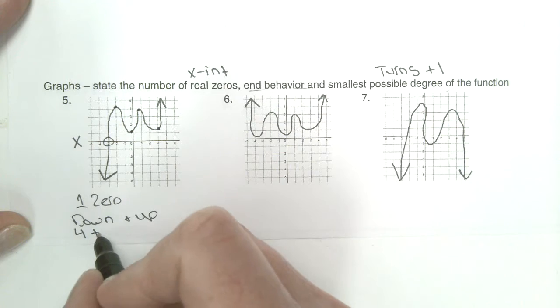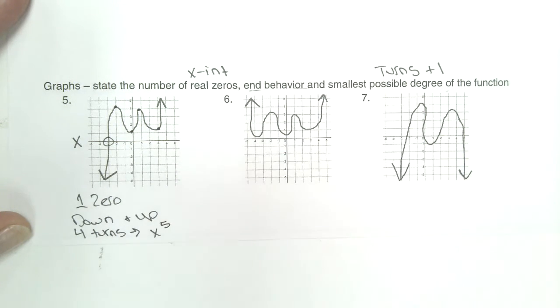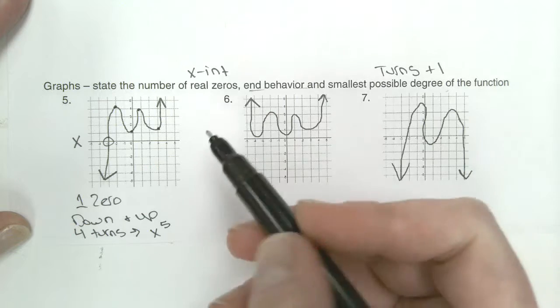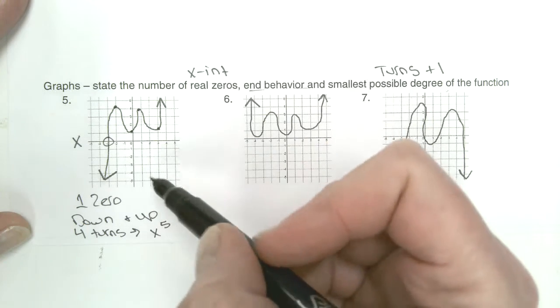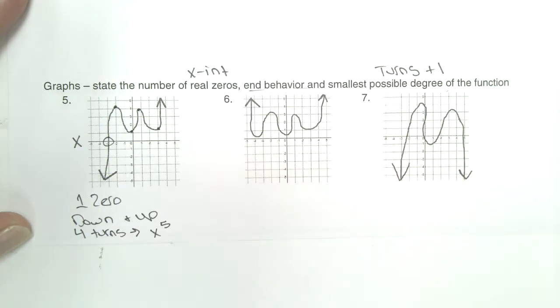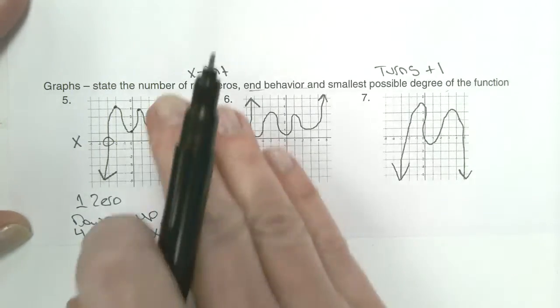If you have 4 turns, that means that x to the 5th is going to be the smallest degree. So take your number of turns and go plus 1. X to the 5th is logical because an odd exponent could have a down-up behavior. That makes sense. You do 6 and 7.